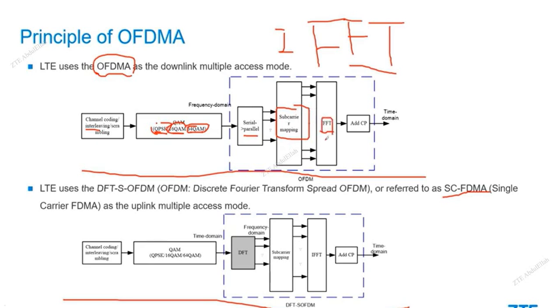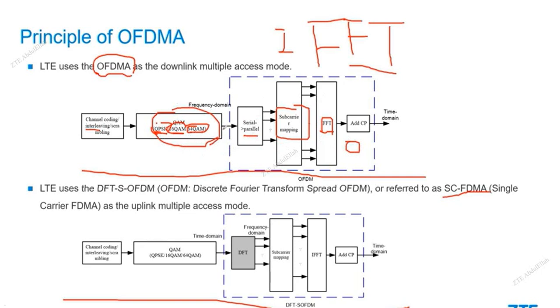After IFFT, our signal changes to time domain again. So after IFFT, here is time domain, but before serial to parallel, this is also a time domain signal. So why do we need to do these two procedures? Because this time domain signal is different from that time domain signal.